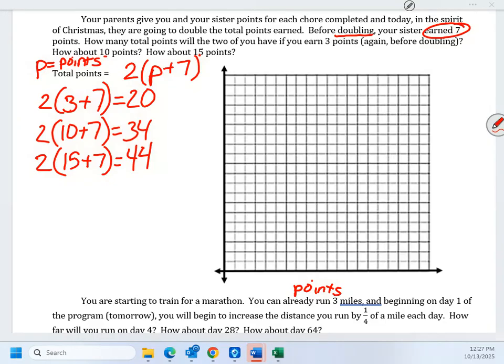Labels matter. So our variable is points. That's our x-axis. What are we getting out of the expression? What are we finding? What's my y-axis? Ellen? Total. Total what? Points. Total points. So my y-axis is the total points, what we're getting out of it.